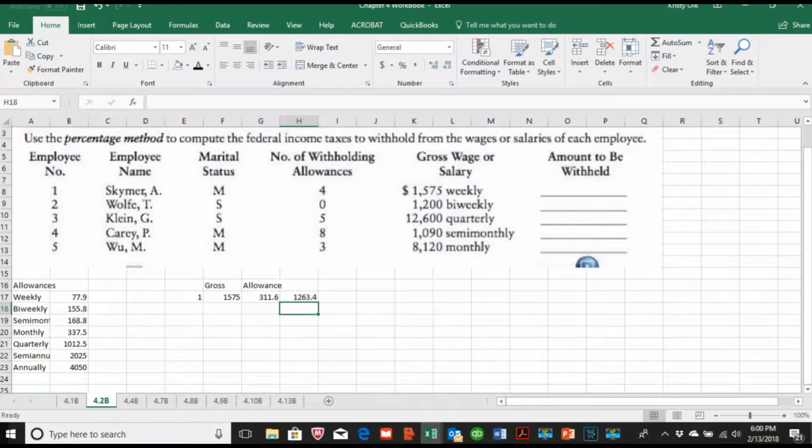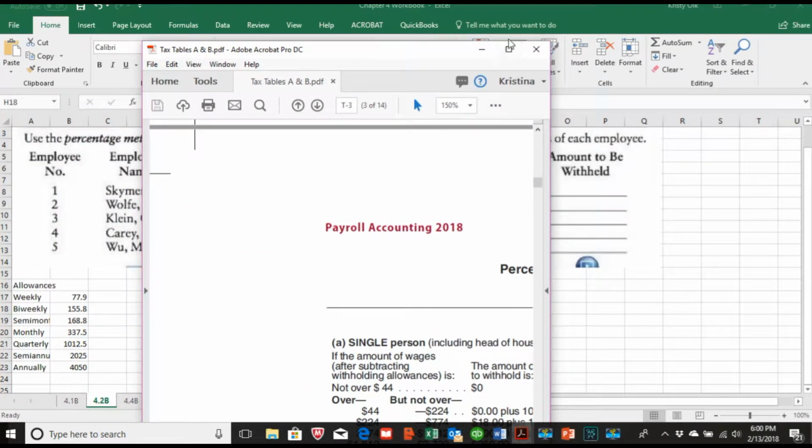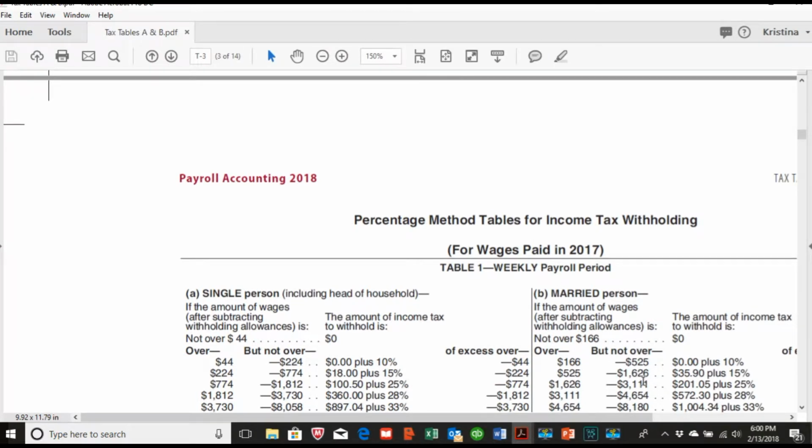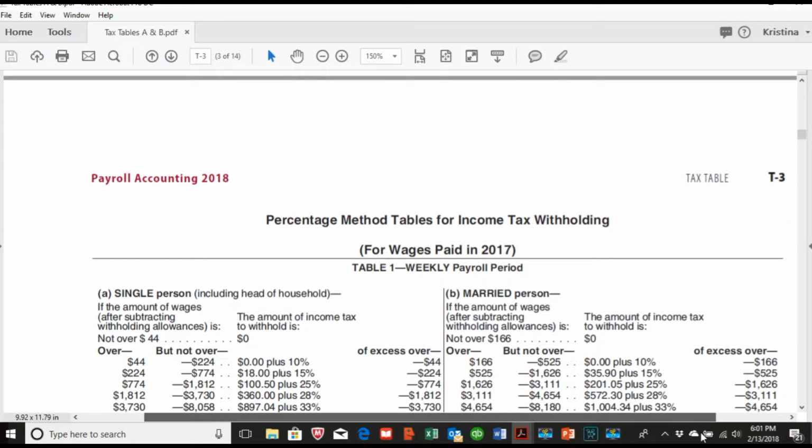When we come back over to these tables, keep in mind we're looking for $1,263.40. The tables tell us for a weekly pay period for a married person, if they're over 525 but not over 1626, that it is $35.90 base plus 15% of the excess over 525.